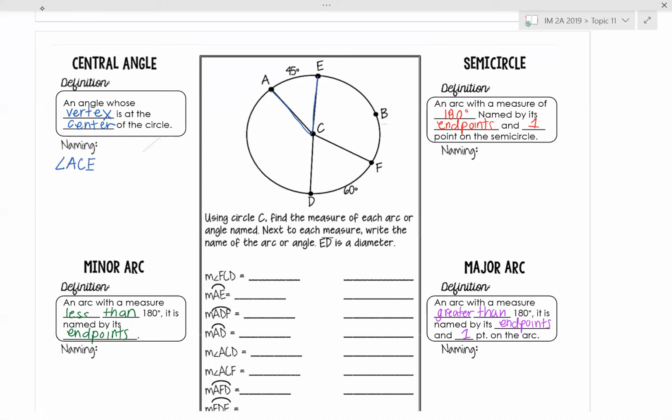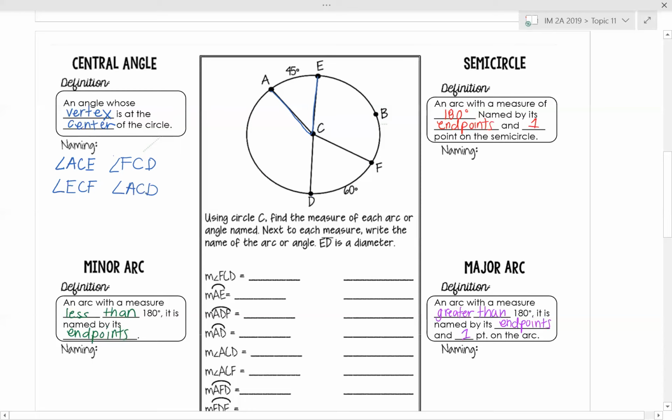There's lots of different central angles in here. I could also do, if I just go around, ECF is a central angle. Another central angle would be FCD. And then the final central angle that we can see is angle ACD.